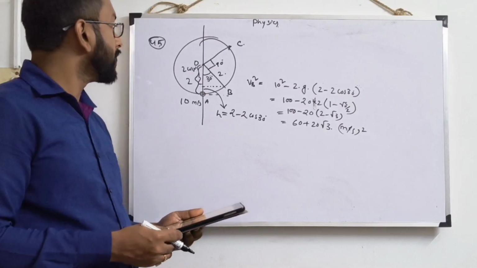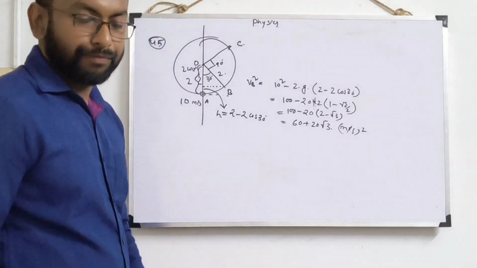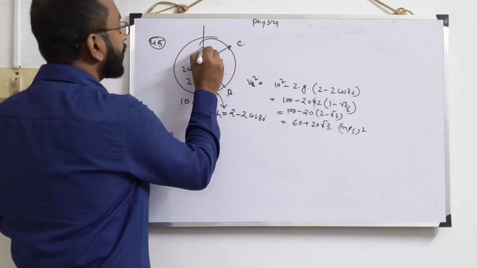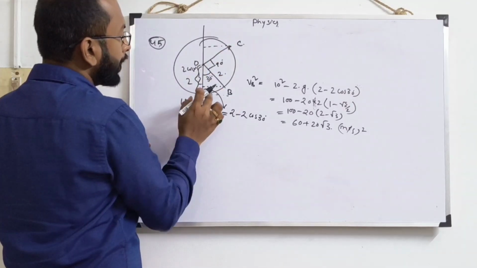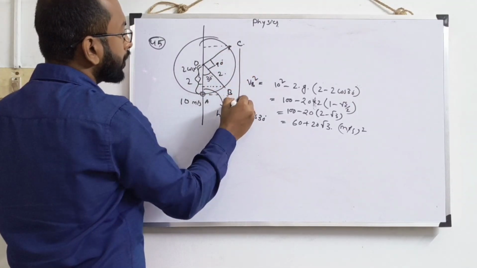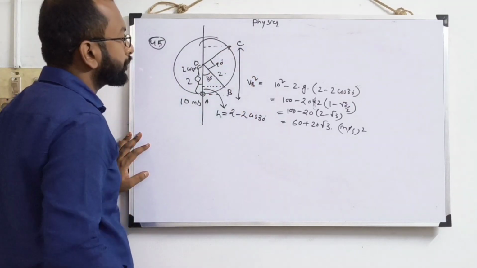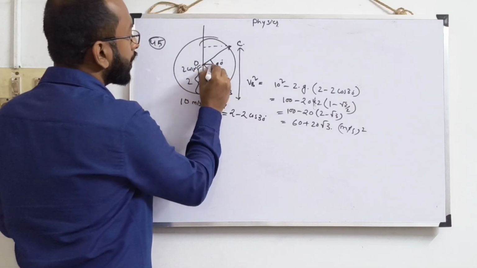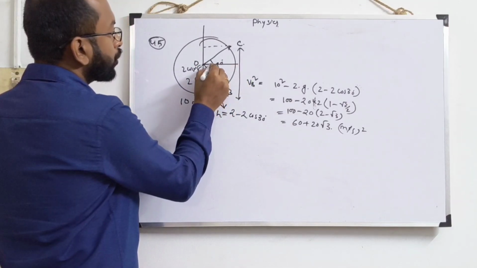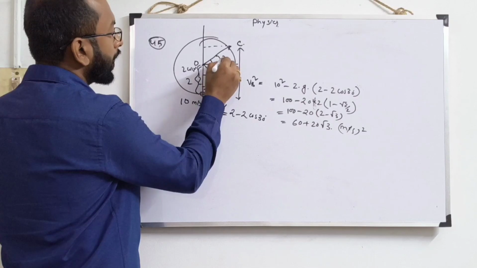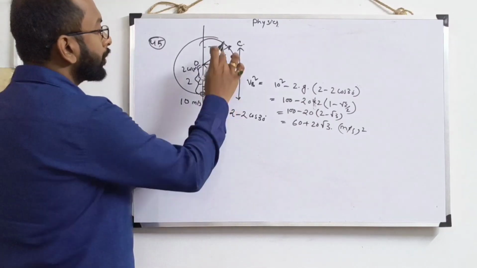And at C, the vertical distance from A is going to be this one, entire thing. If I divide it into two angles, we will ultimately get this angle to be 60, this angle to be 30. So how much distance is it?